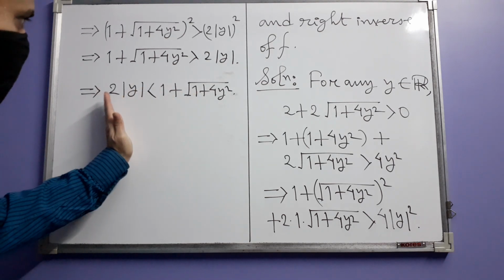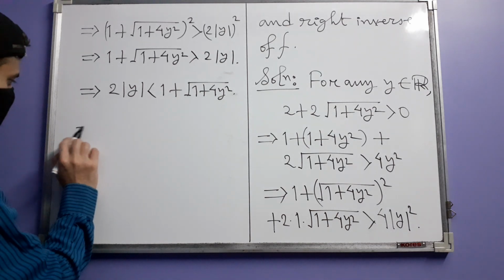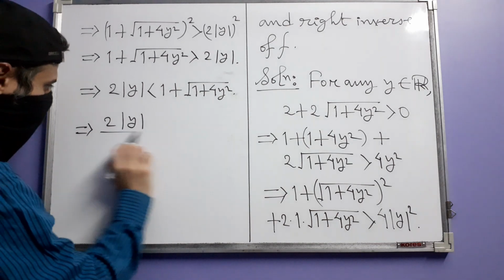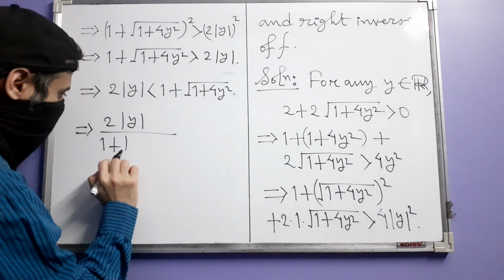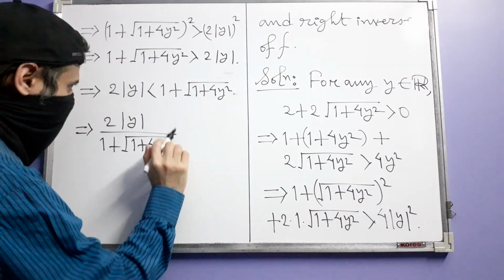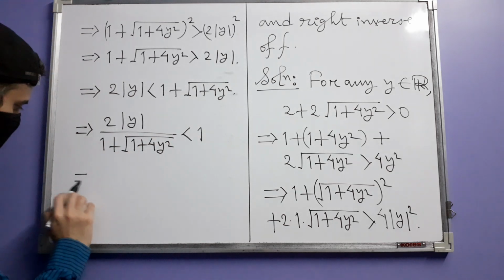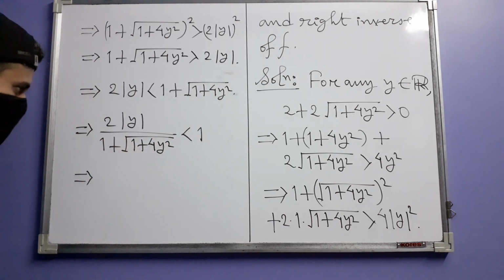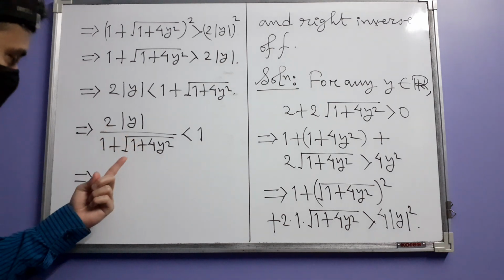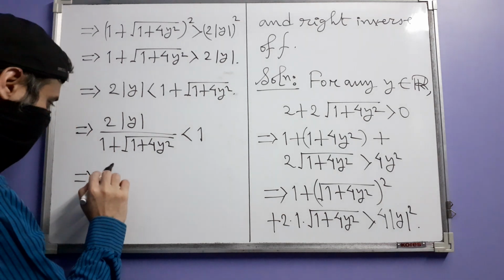That means I can divide both sides of this inequality by this. What will that give me? 2 times absolute value of y divided by this. And that side will now become 1. Now you see, this denominator is already positive, 2 is already positive, but with y we have modulus, absolute value.